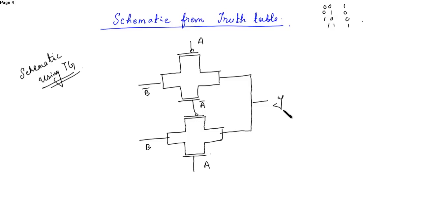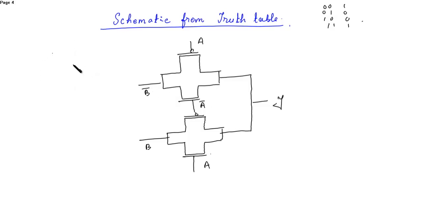Now if you want to verify, we can verify the truth table, but that will do later on. First let's draw the twisted schematic. Now before drawing the twisted schematic, you have to draw two more circuits here, because you have to get the inverters also.